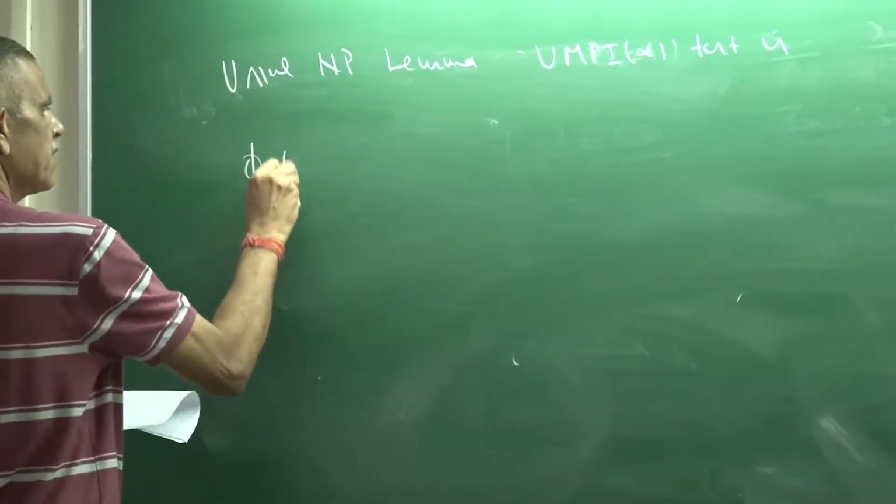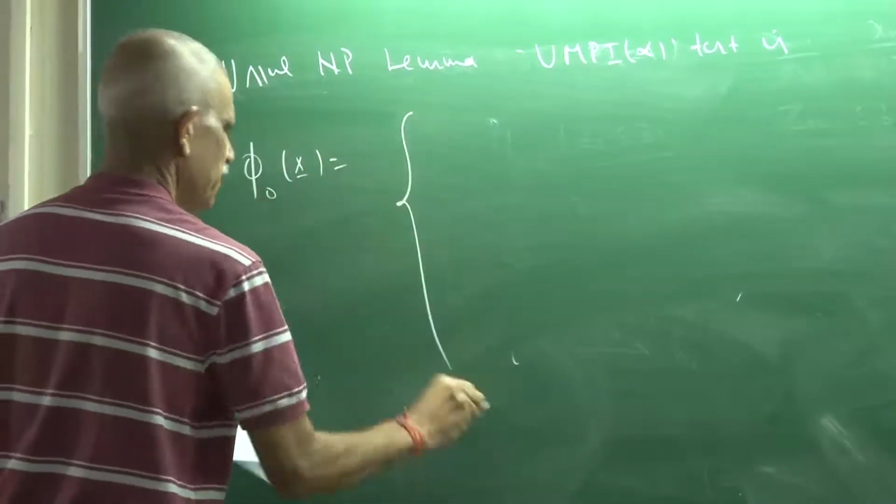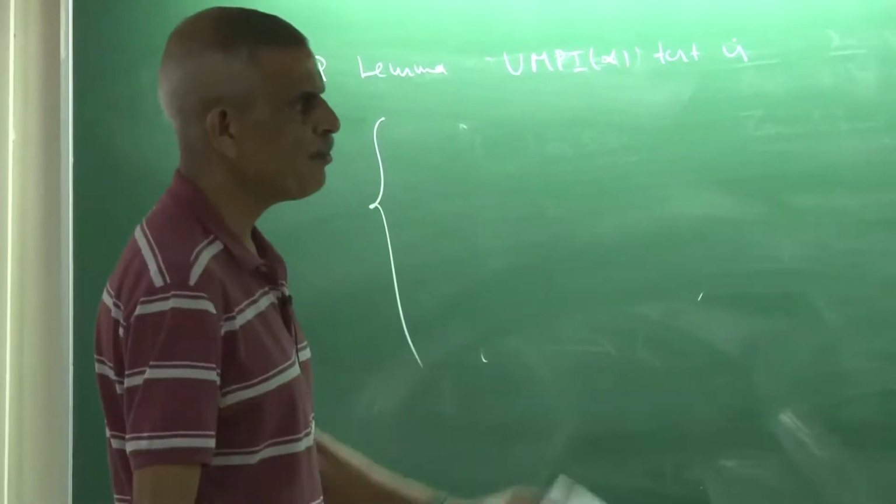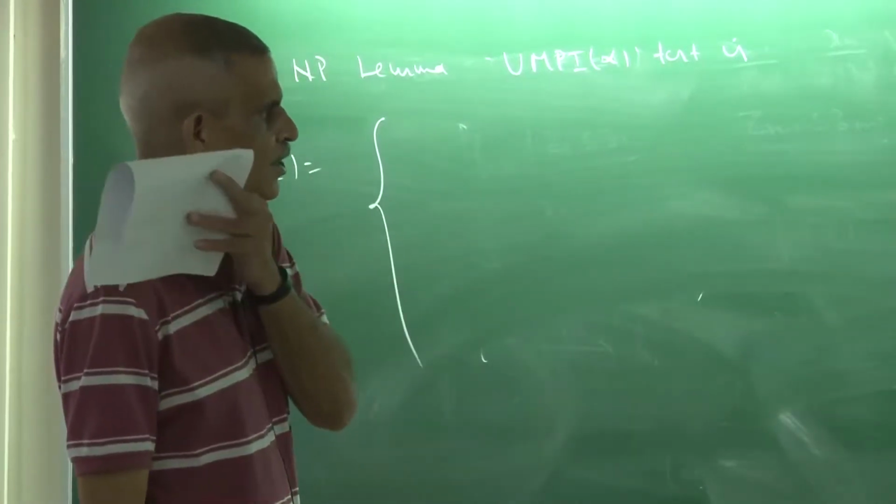phi naught of x, which is, you see, modulus of xn to power n minus 1 under h1 and h0 would get cancelled.